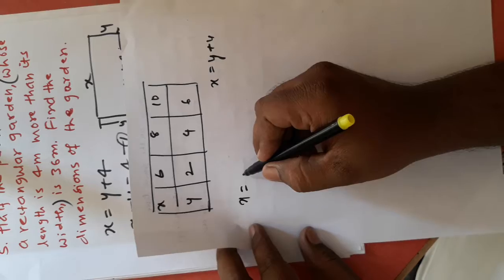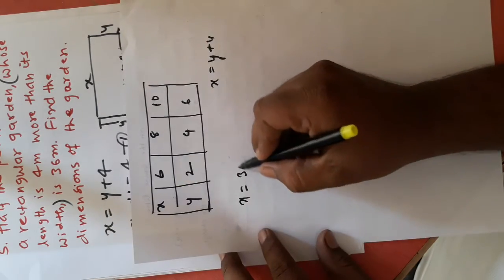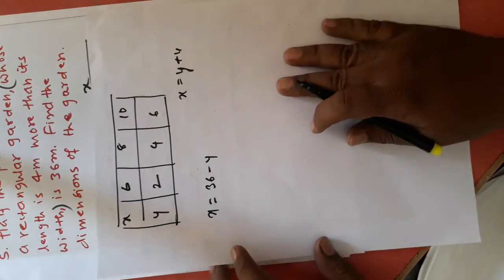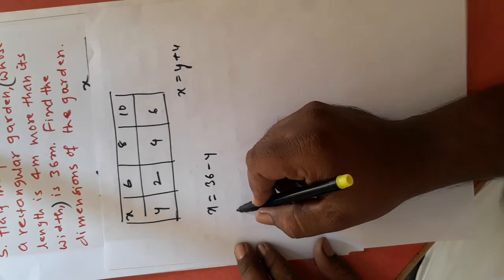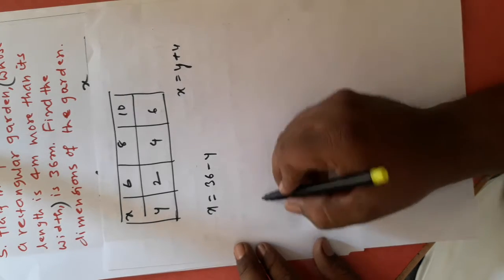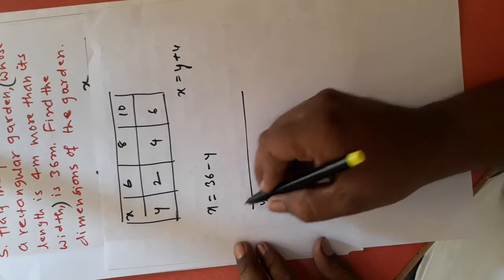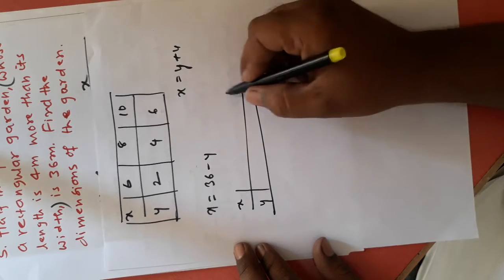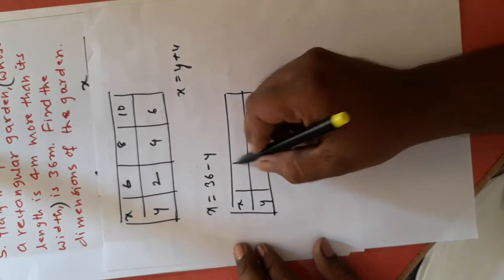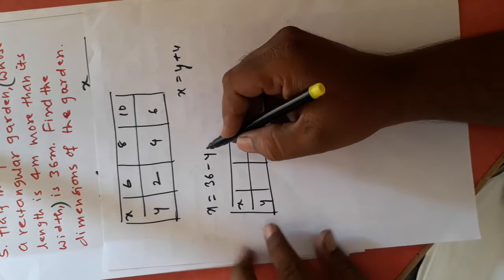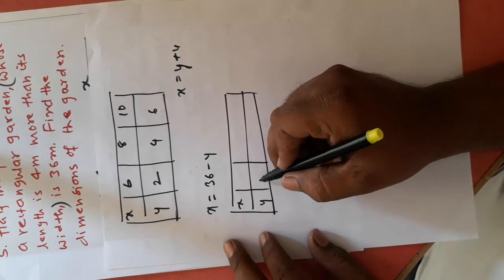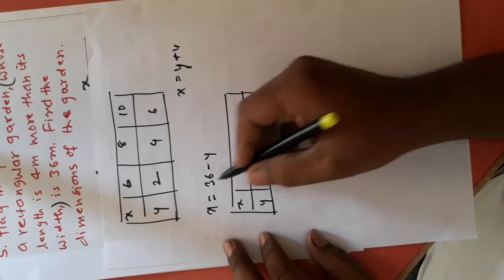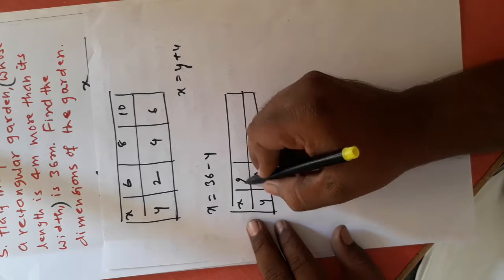And another equation is there, that is x is equal to 36 minus y. I will take y values and the corresponding values of x. Now you see, put some even number of values. If I take y is equal to 12, this will be 36 minus 12, then x will be 24.